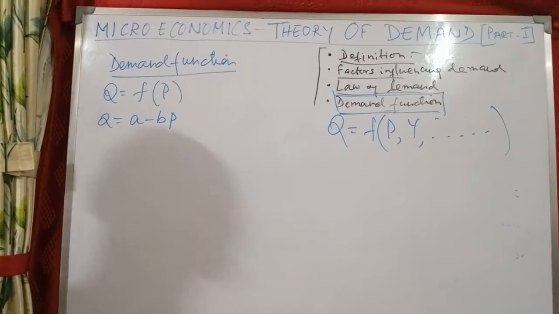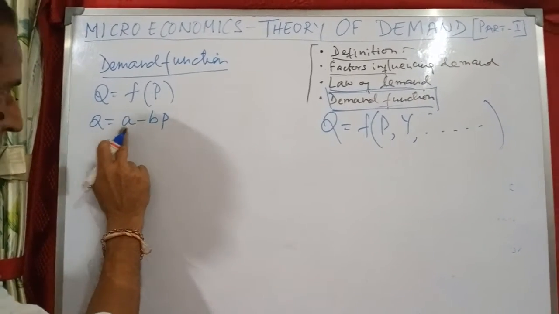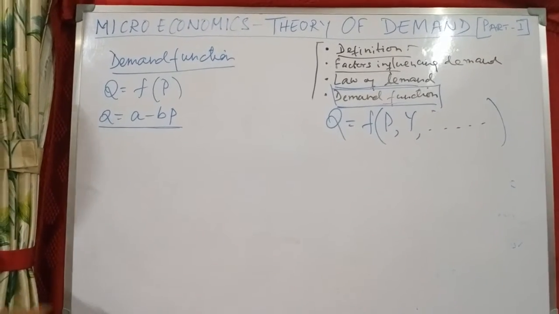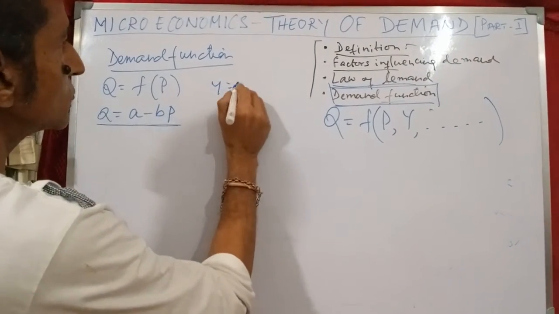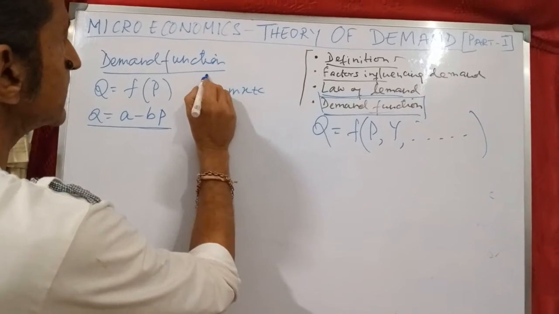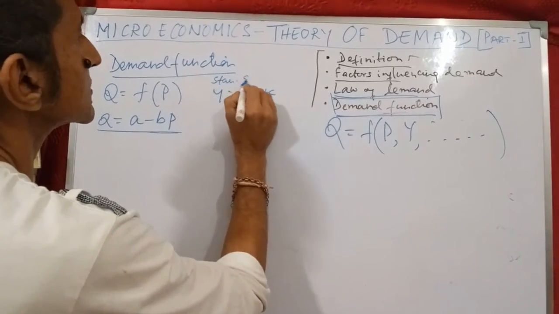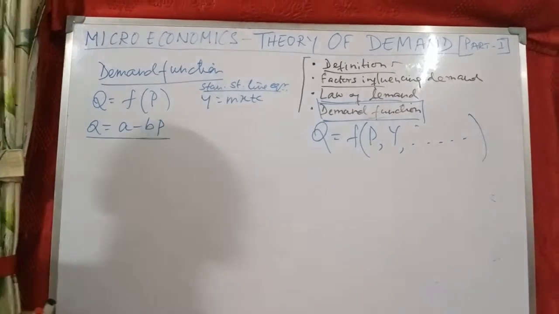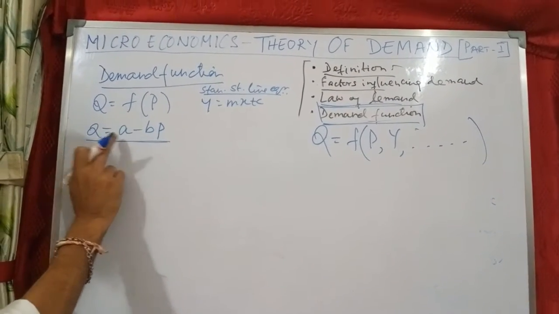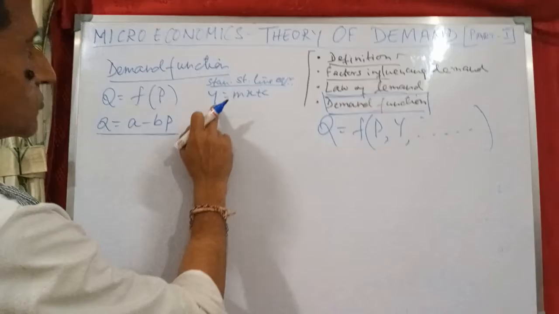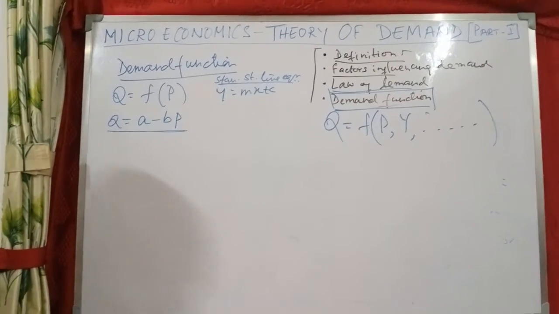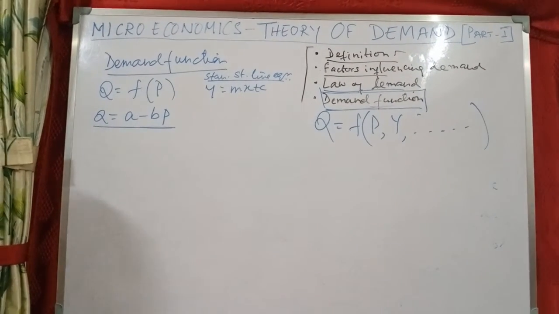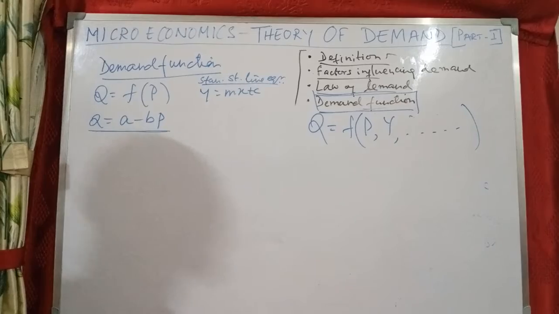Now if we compare this equation with the standard straight line equation, that is y equals mx plus c, this is the standard straight line equation. If we compare these two, Q equals A minus BP and y equals mx plus c, we understand that it is a straight line, right?